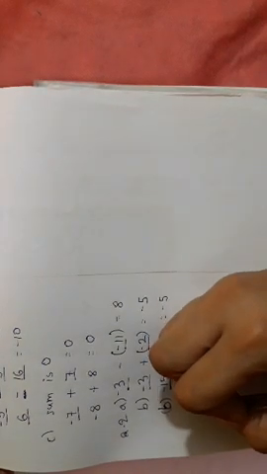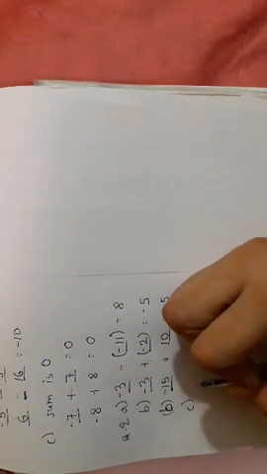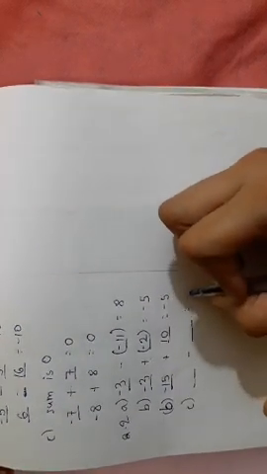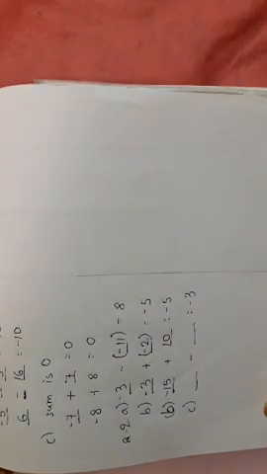After that, the next question is: write a negative number and a positive number whose difference is equal to minus 3. But we have to again take care that one number should be negative and the other should be positive.